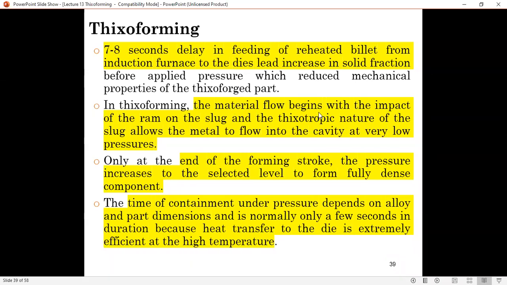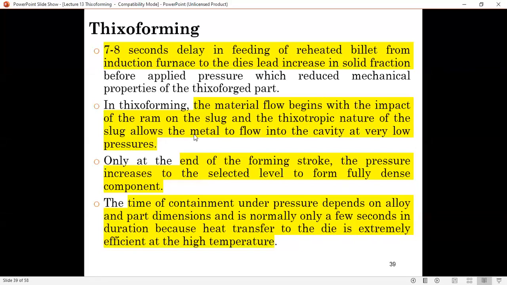The material flow begins with the impact of the ram on the slug, and the thixotropic nature of the slug allows the metal to flow into the cavity at very low pressure. Again, as I mentioned, thixotropic materials maintain their shape when there is no shear stress, but if you apply shear, the viscosity will go down.